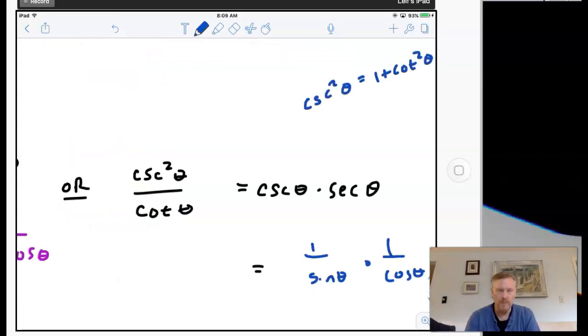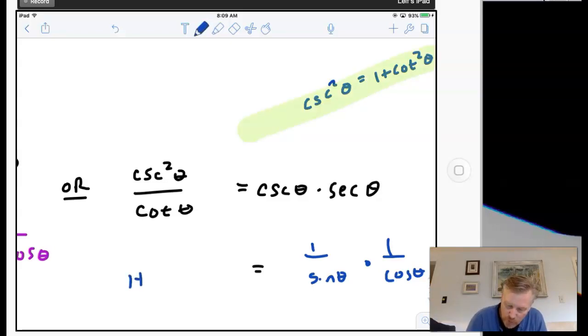Here's another way I could have done the same problem. Perhaps you looked at that numerator and said, I'm going to take the left side and manipulate that, and I see that cosecant squared is equal to 1 plus cotangent squared. That's one of my things on my formula sheet.